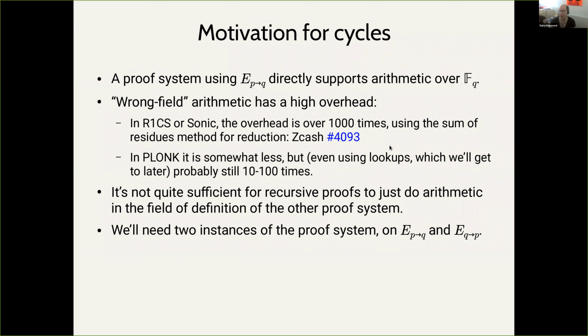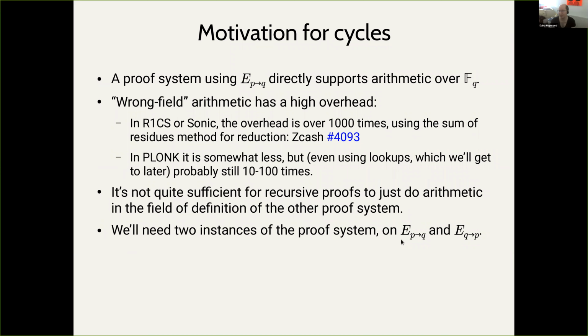So it wouldn't be practical at all. In Plonk, it's a little bit better because you can use lookups. We'll explain how later, but it would still be about 10 to 100 times overhead. So it's really important to use this cycles of curves trick.